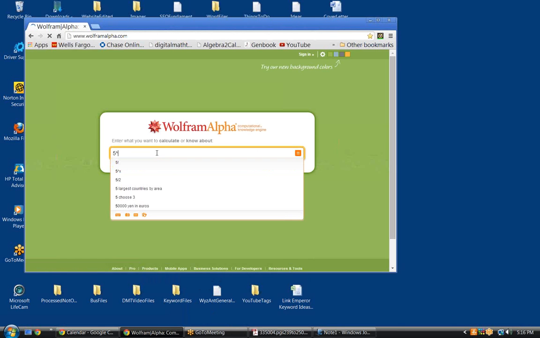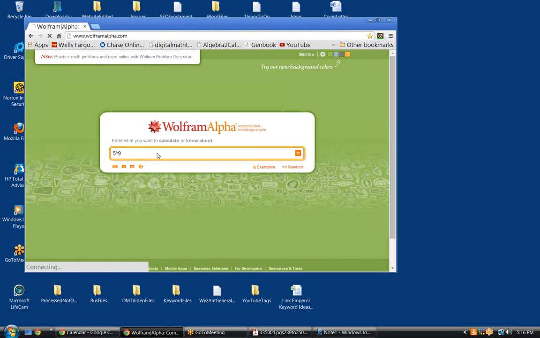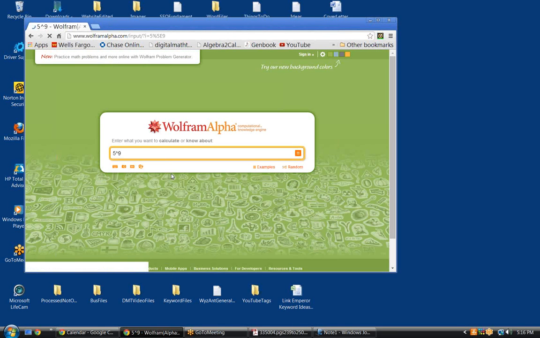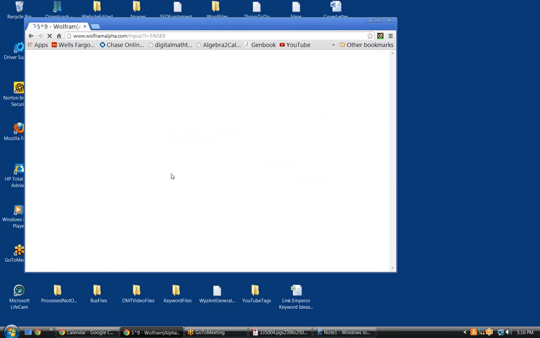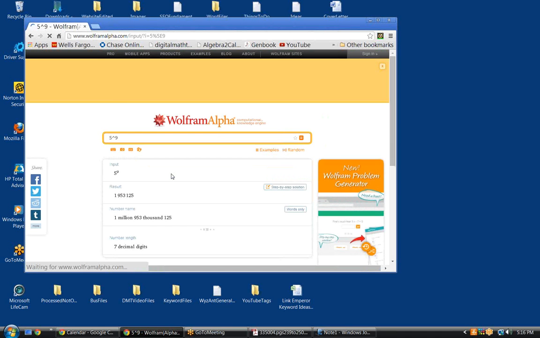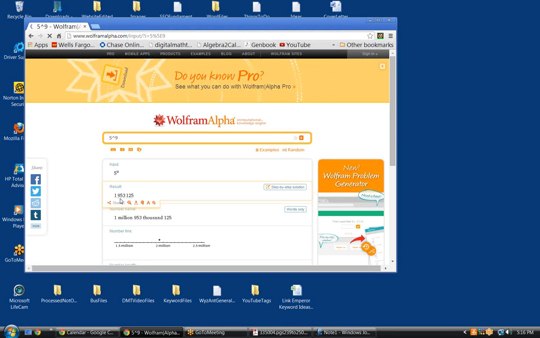5 raised to the 9th power. Mine says it's like 1.7 million or something. Well, then multiply by 10, we're fine. It's greater than 1 million is the answer. In other words, 5 to the 9th is 1.9 million.